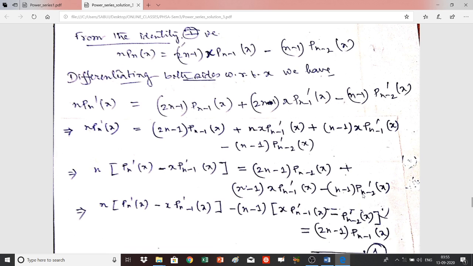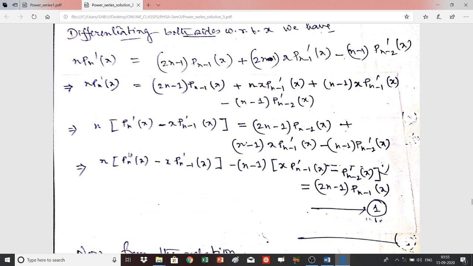Then take the term n minus 1 into x P(n-1) prime x.